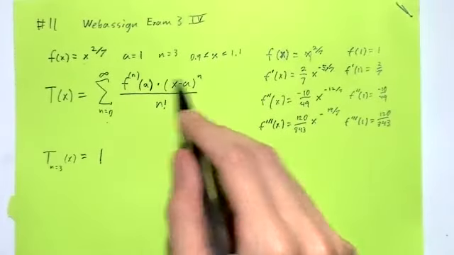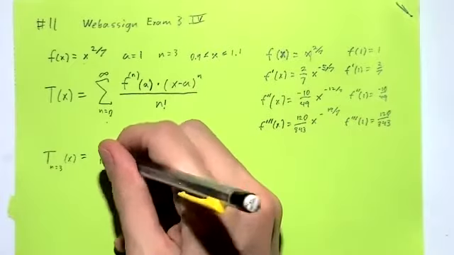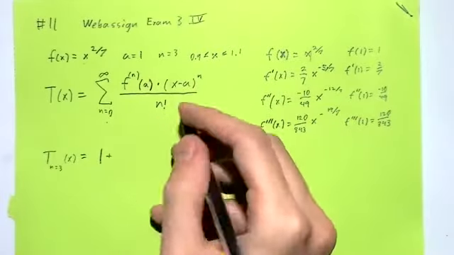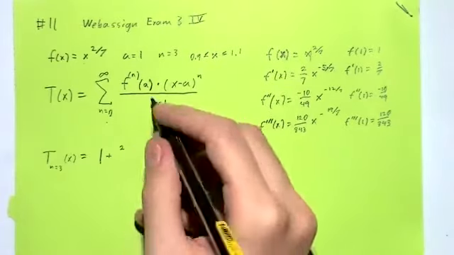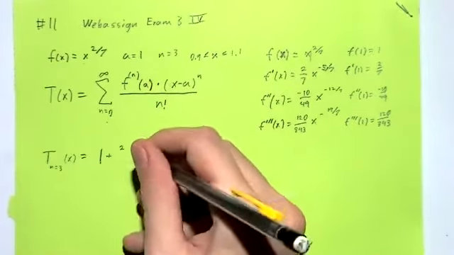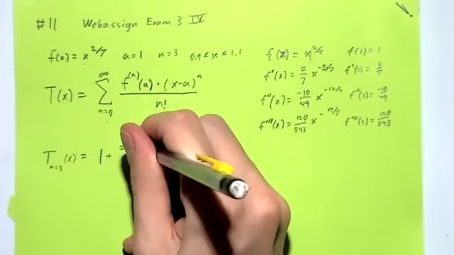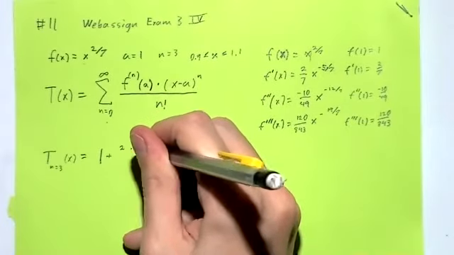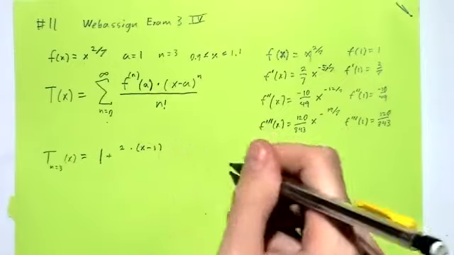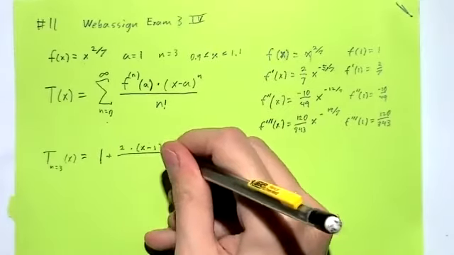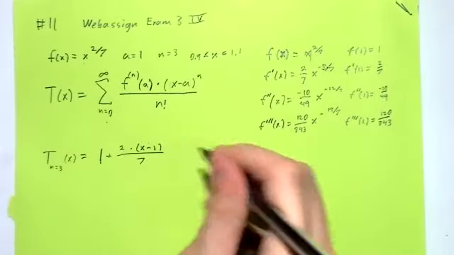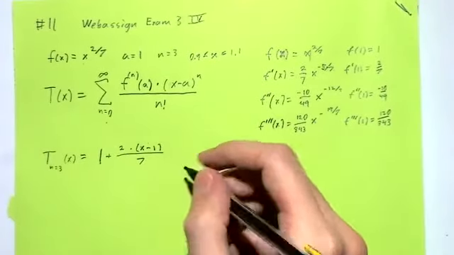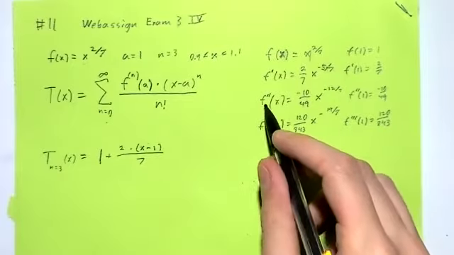And then we add for n equals 1. Now it's f prime, so 2/7. So we'll have 2, and I'm going to save the bottom part for when I'm writing that, times x minus 1 to the first power, all over 7 times 1 factorial, which is 7. Next, we go to the second power.